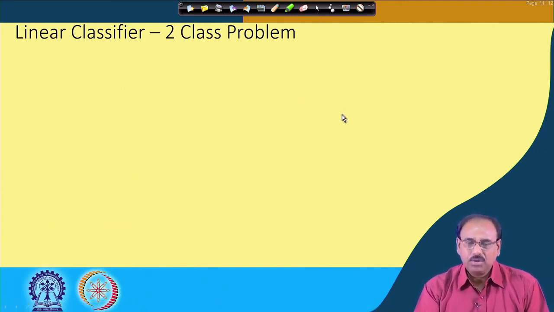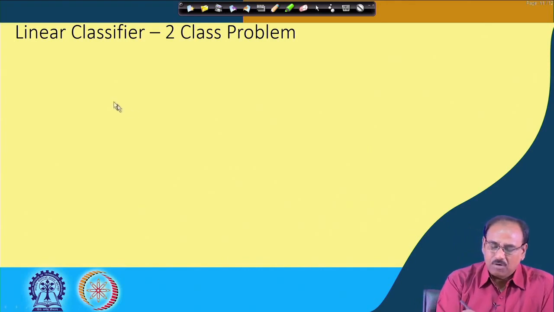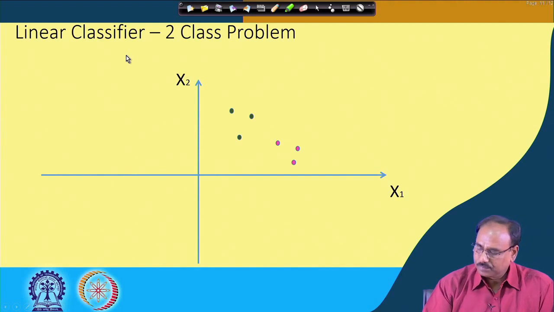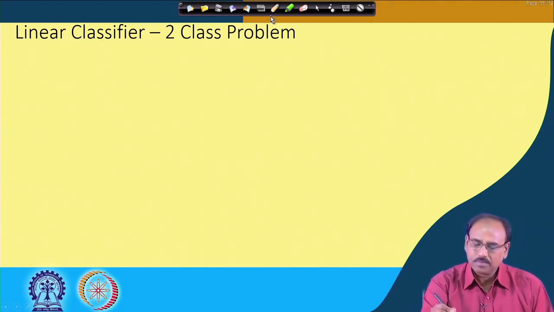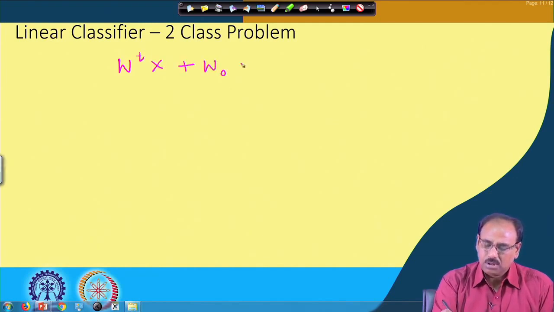What I need to do is, given a set of feature vectors belonging to two different classes and assuming that the feature vectors are linearly separable, I have to find out a separating plane or hyperplane which separates the feature vectors belonging to these two different classes. And the equation of that separating hyperplane is simply of the form w transpose x plus w naught is equal to 0.